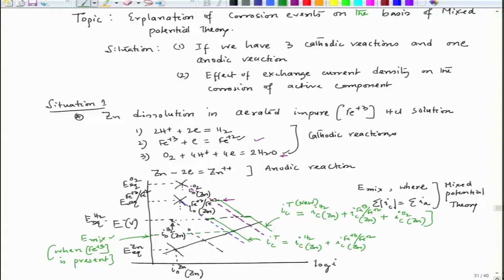So, this should be equal to the only one anodic reaction, IA zinc over zinc surface. Of course, this is not needed at all. We have just put zinc because those are happening on a zinc surface.